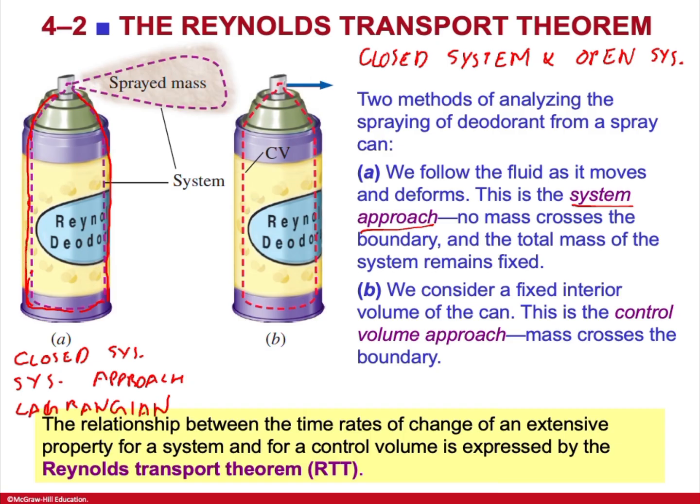Before it was sprayed, this container was holding all the spray contents, so the surface of the container forms the system that you're looking at, because it is holding all the mass of the spray. But now if you spray the deodorant, some of this mass is getting out. So in order to maintain a closed system approach, you will have to modify your boundary.